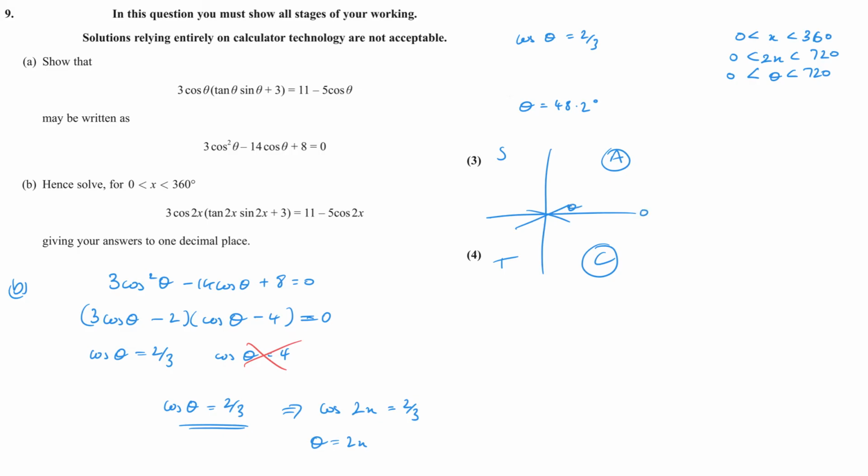So starting at 0, we've got 48.2, so in the first quadrant. And we come round into the fourth quadrant, so it's 360 minus 48.2, which is 311.8.